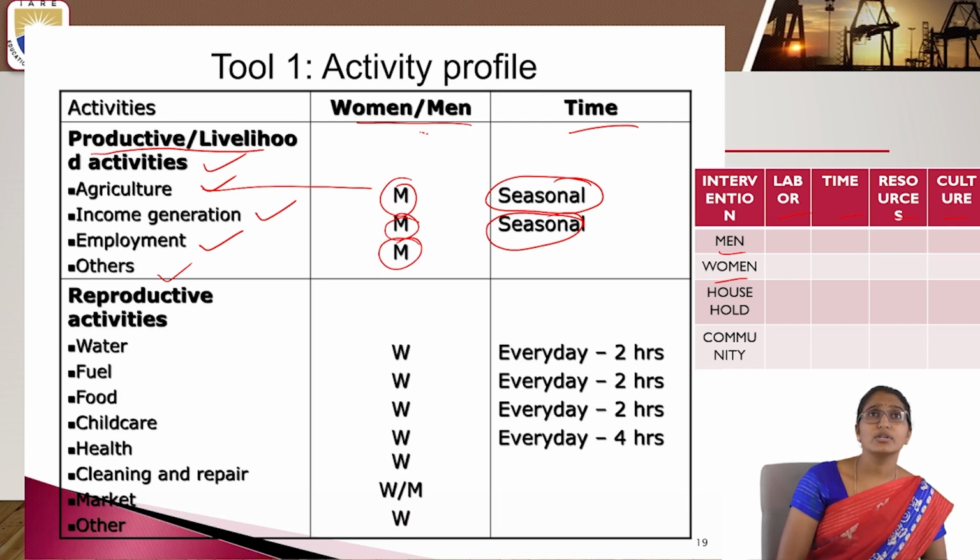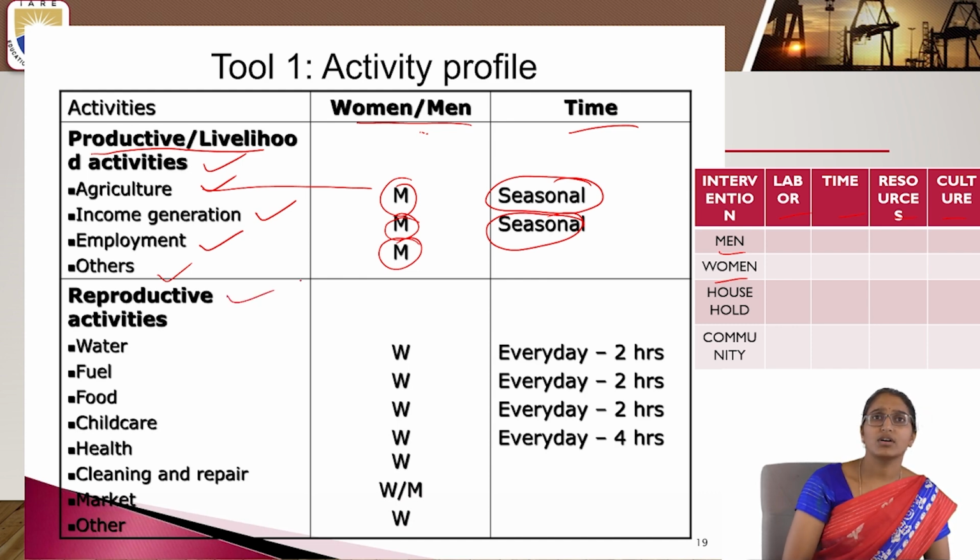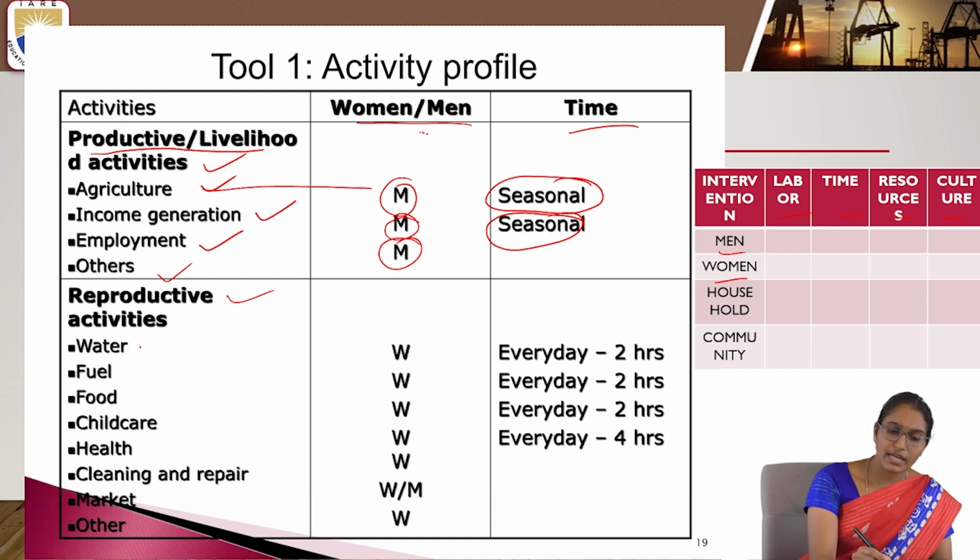For the reproductive activities, reproductive means non-income gaining, not productive ones. They can be getting water, searching for fuel as well as food, taking care of the kids or child, health caring, as well as cleaning, repairing and marketing.